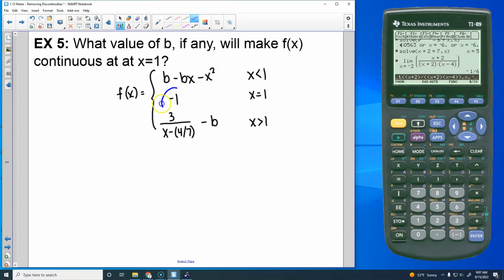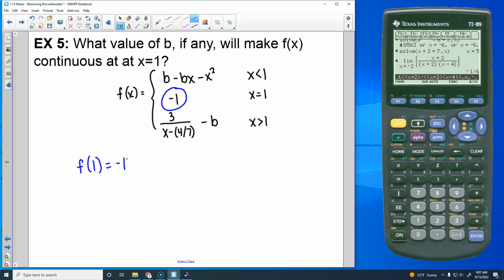It needs to equal -1, right? Because f of -1, I'm sorry, I got that backwards. Not f of -1. F of 1 equals -1, right? So that tells me for this to be continuous, the limit from both sides have to also equal -1.